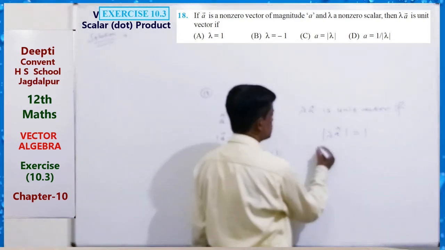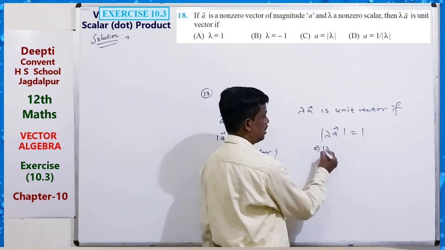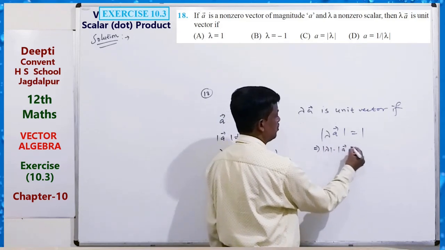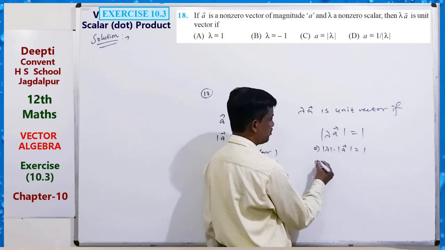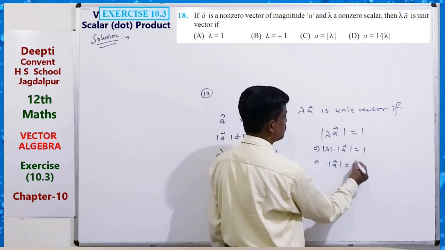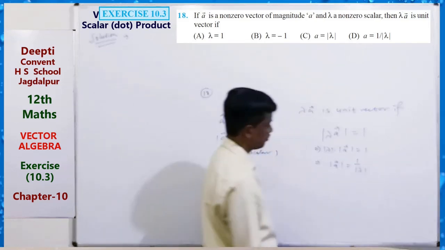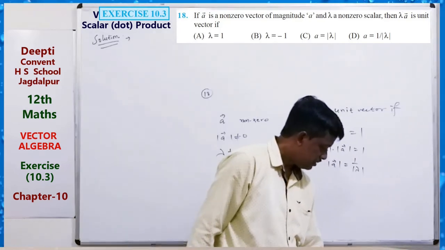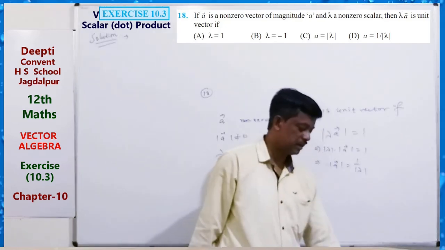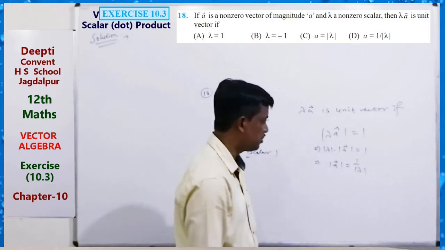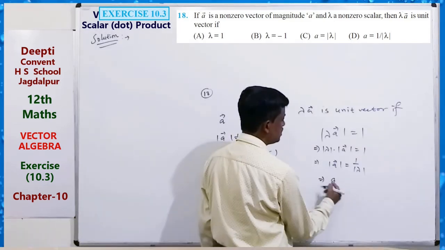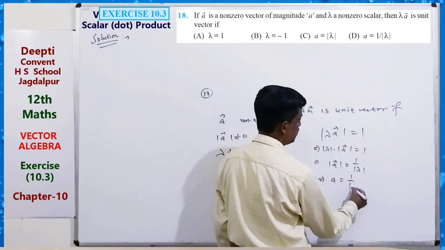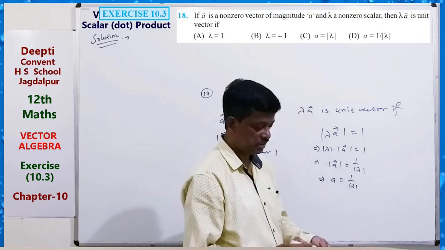So mod lambda times mod A equals 1. From here, mod A equals 1 upon mod lambda. So option D is correct: a equals 1 by mod lambda.